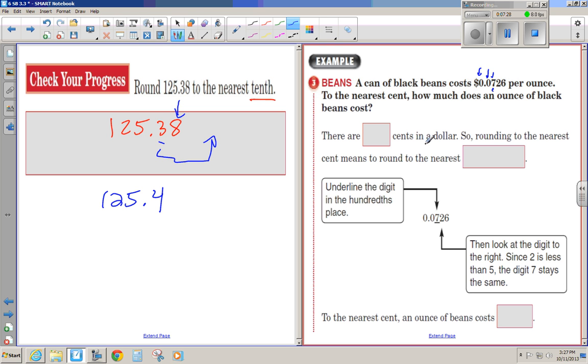There are 100 cents in a dollar, so rounding to the nearest cent means rounding to the nearest hundredths. That's why we round to the 7. 2 is less than 4, so 4 to the floor. So the nearest cent is 7 cents.